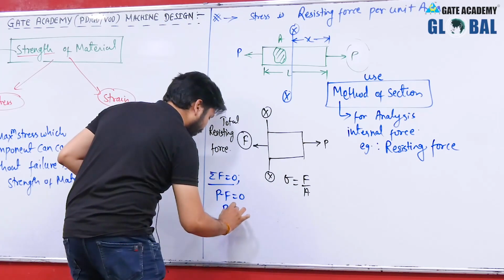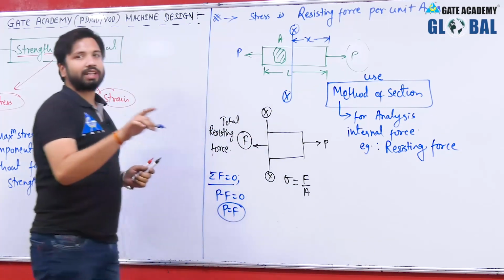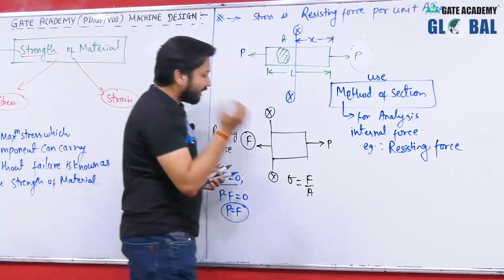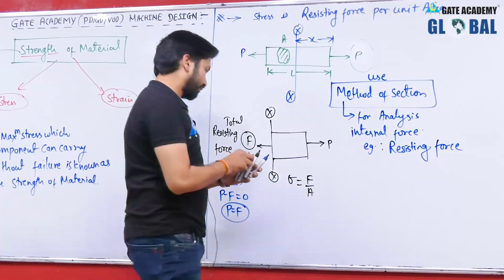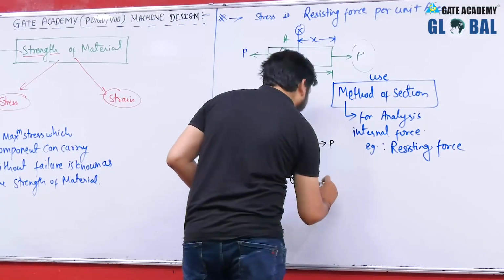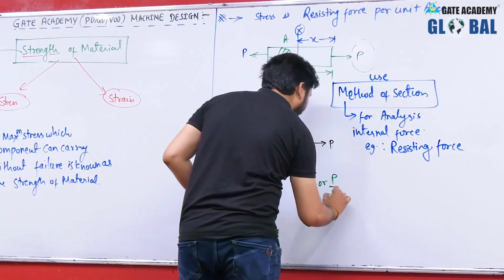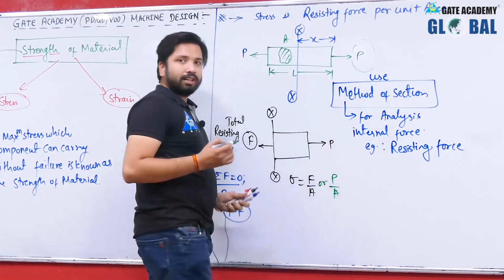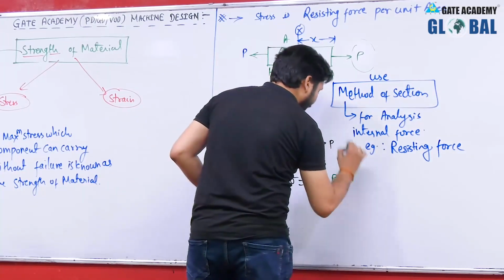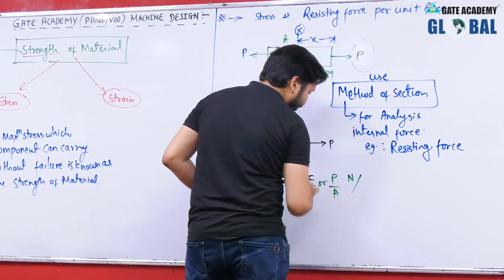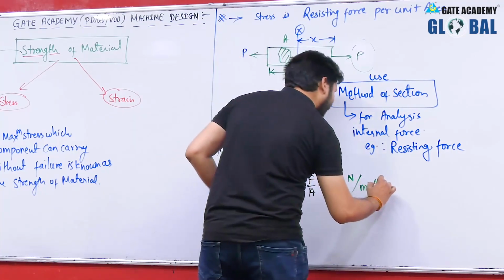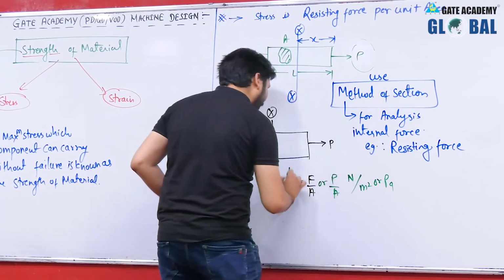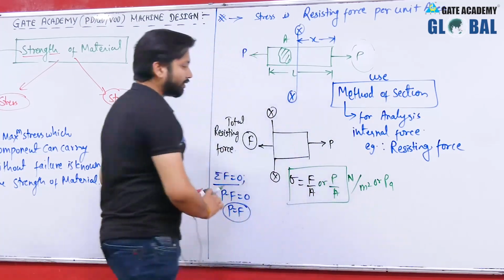So P is coming out to be F. So for condition of static equilibrium, the resisting force will be equal to the external force. Hence we can write it as P by A. Now P has a unit of Newton and the unit of area is meter square. So Newton per meter square or Pascals is the standard unit for stress. So, this is stress.